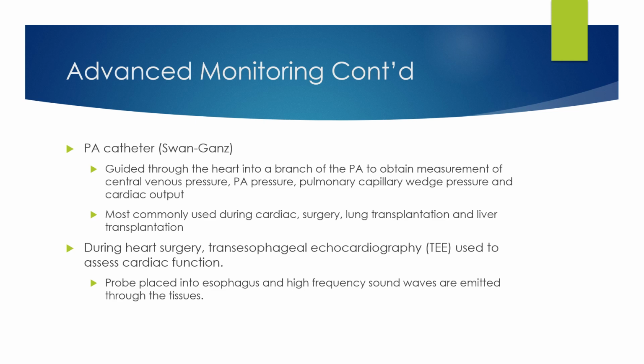Most commonly used during cardiac surgery and lung and liver transplants. So during heart surgery, we may also use a transesophageal echocardiography, or a TEE, and this is used to assess cardiac function. The probe is placed into the esophagus, and high-frequency sound waves are emitted through the tissues to accomplish this.